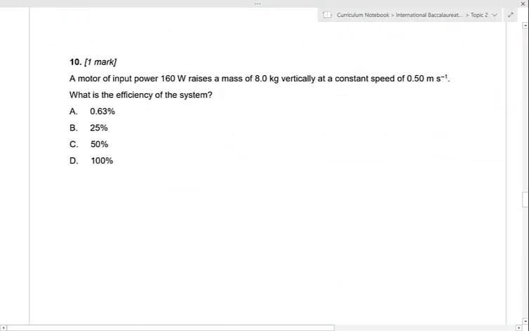A motor of input power 160 watts, okay, so we were given a power, raises a mass of 8 kilograms, so we were given a mass, at a constant speed of 0.5, so that's a v. What's the efficiency of the system? Okay, so we want to know how quickly the object is producing power, so we know that P is equal to F times V at a particular time, and the force that it's doing work against is the weight of the object.